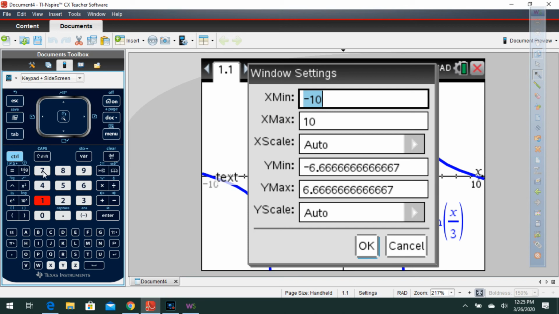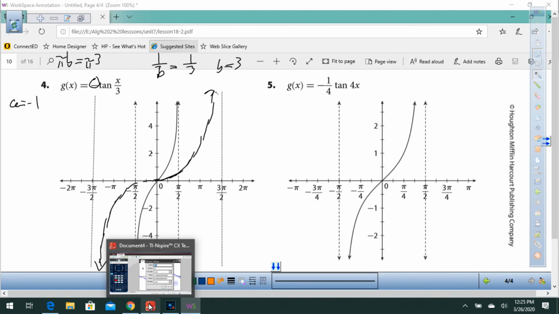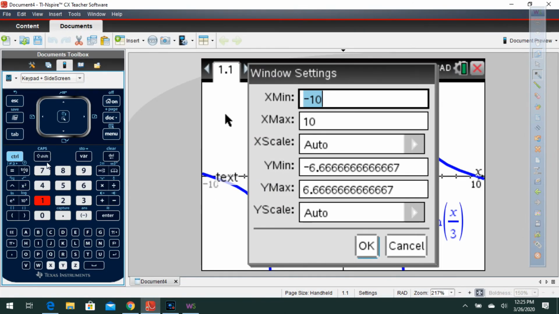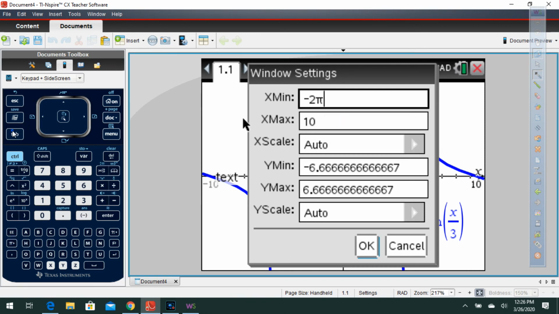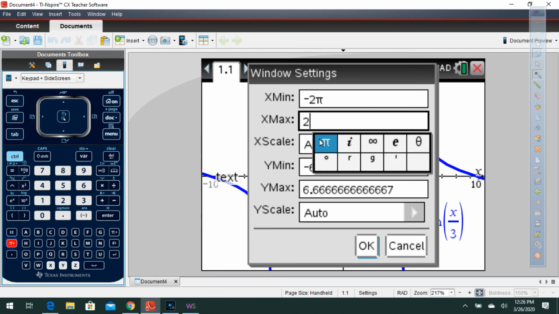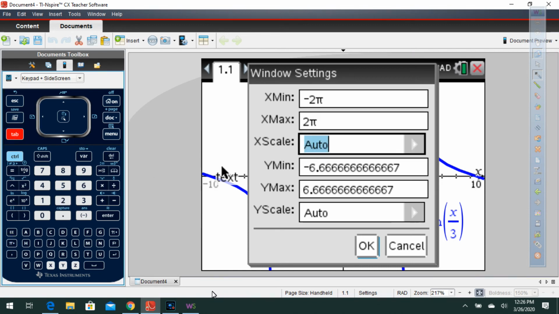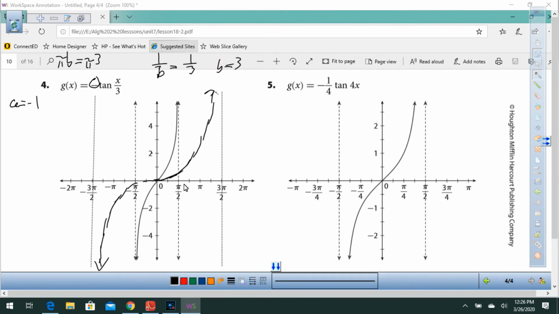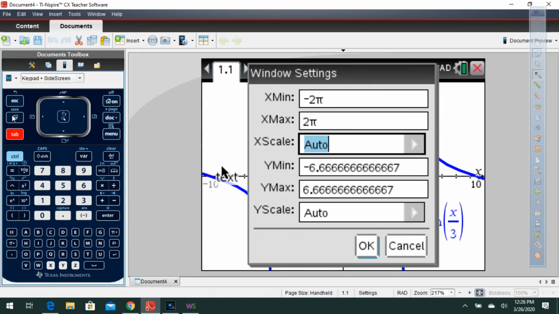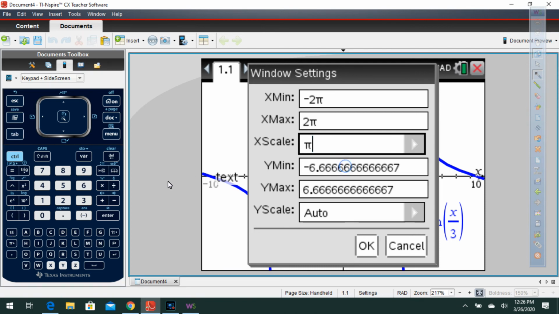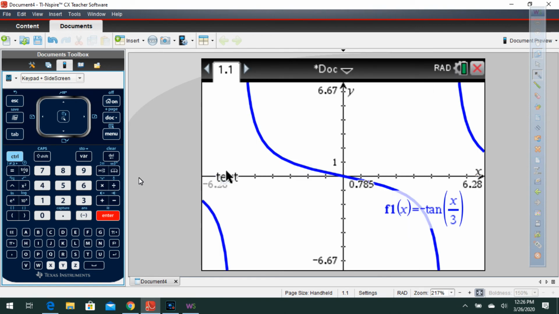And we said this was -2 pi to 2 pi, and our scale was 0, and it looks like pi over 4. So we're going to do pi divide 4. And there it is. Okay.